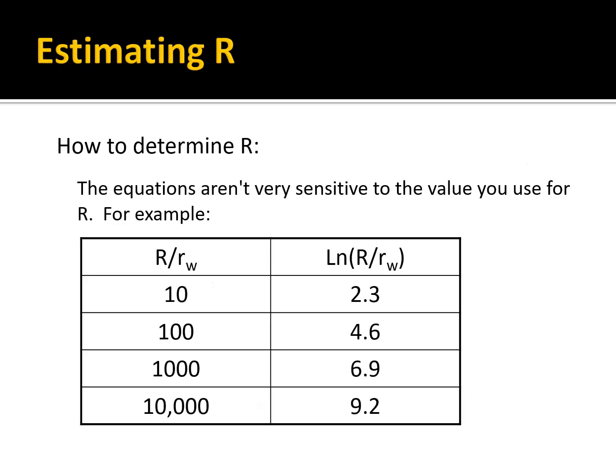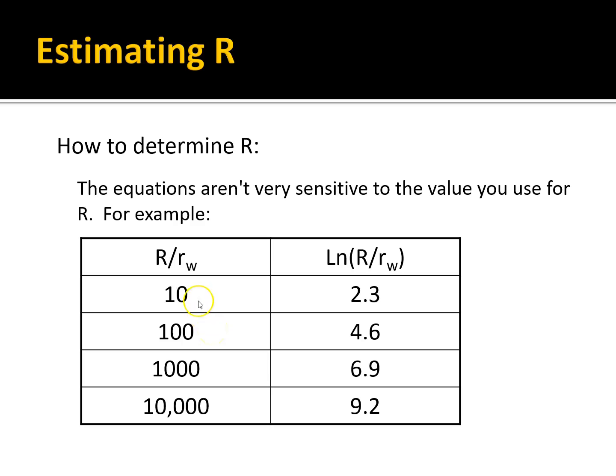How do you go about getting this radius of influence R? Well, I will say that it's kind of a fudge factor. It's difficult to accurately estimate or calculate, so we use some equations to estimate that. But fortunately, remember that this is used in the equation as ln R over Rw typically.